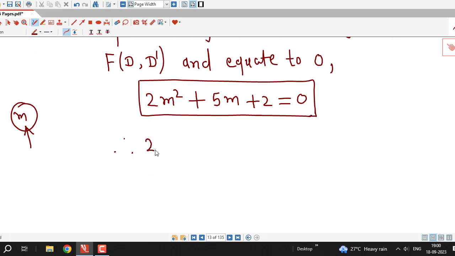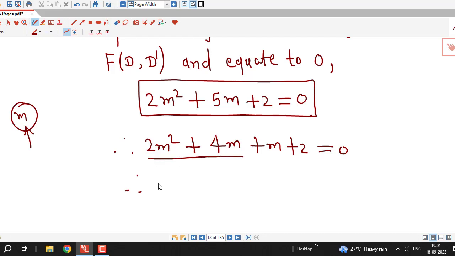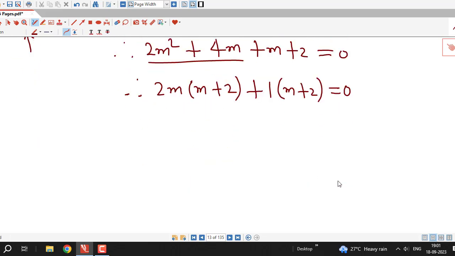So this we can easily solve. We can rewrite 5m by 4m plus m, and plus 2 equal to 0. Here I can take 2m common and here I am left with m plus 2. Here I can take 1 common and I will have m plus 2 equal to 0.